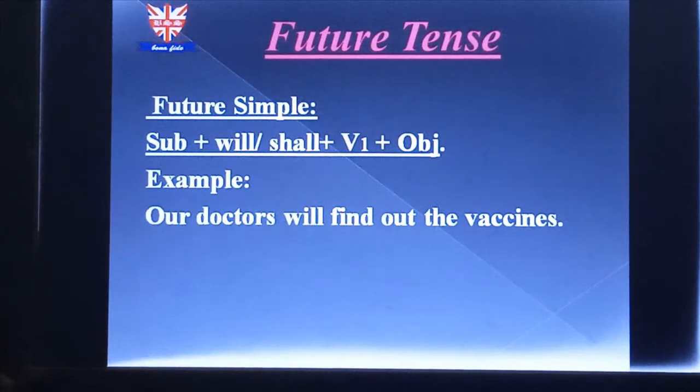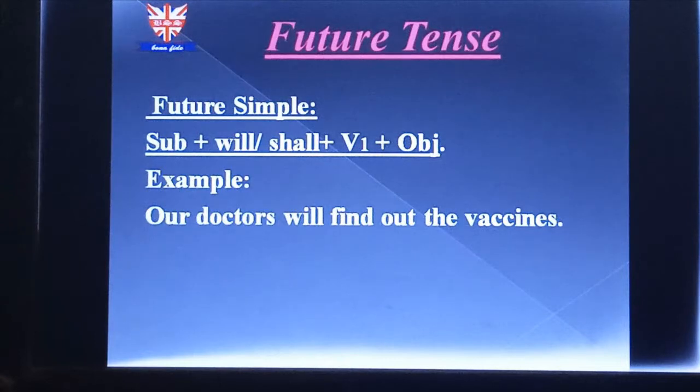Okay, here we can have a question: where we have to put shall and where we will go for the other auxiliary verb, that's will. It's very easy. In case of I and we, we can use shall.